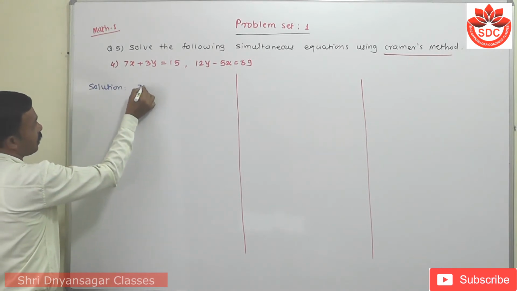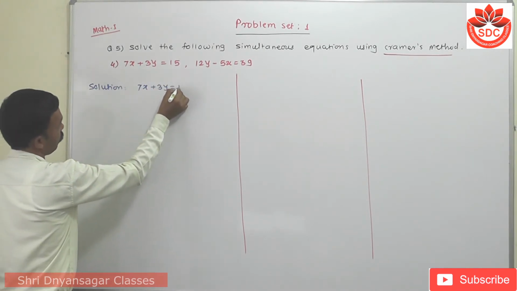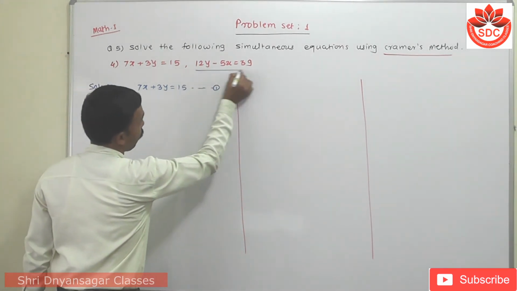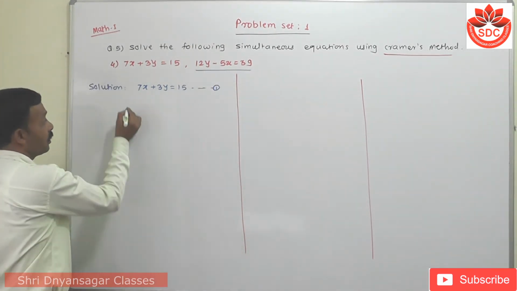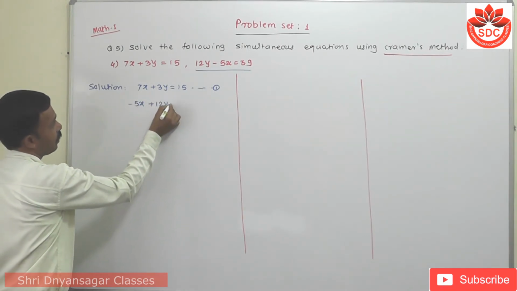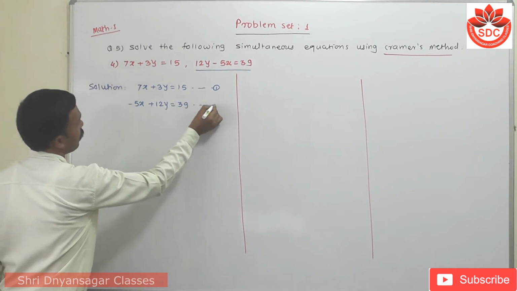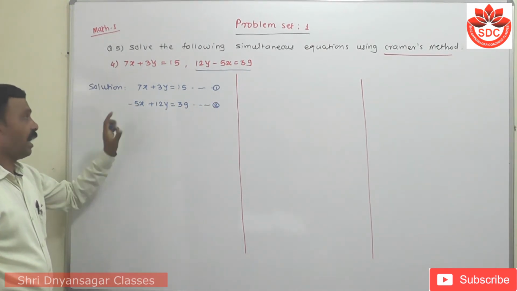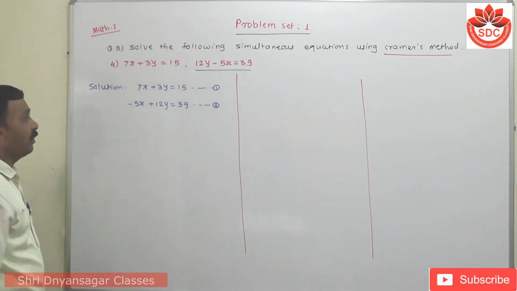Now the first equation is 7x plus 3y is equals to 15. This is equation number first. Now this second equation I have to directly take here. Now this one is minus 5x plus 12y is equals to 39. This is equation number second. Now here I have to take this minus sign as it is. Then we have to find out the values.